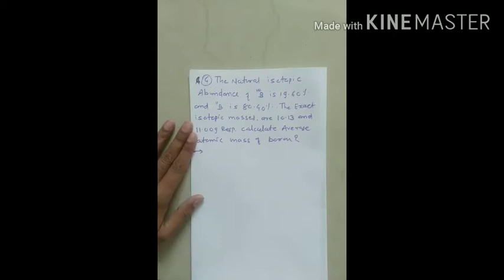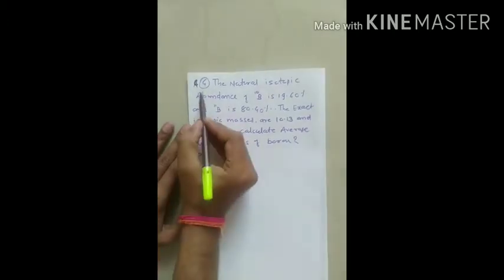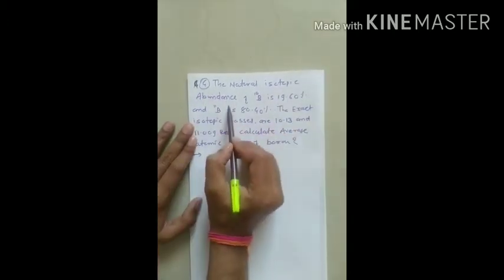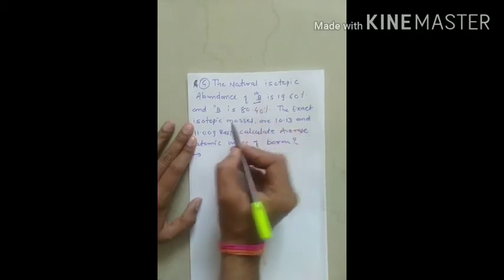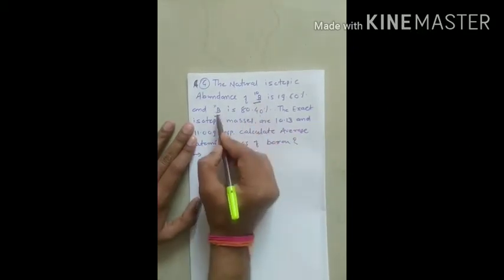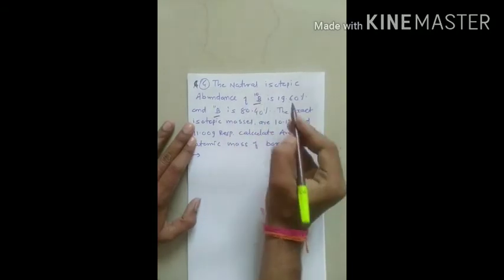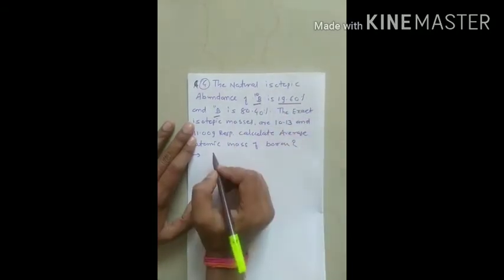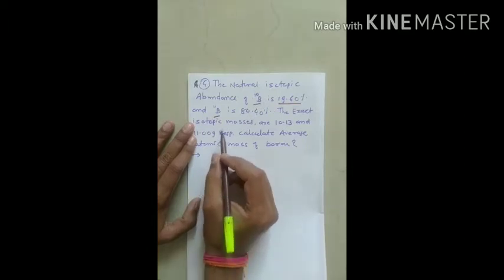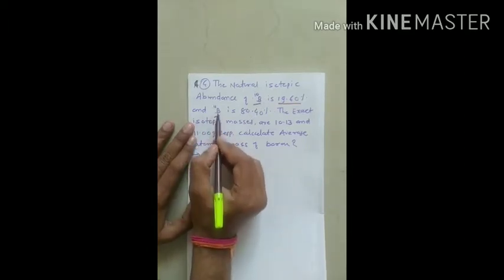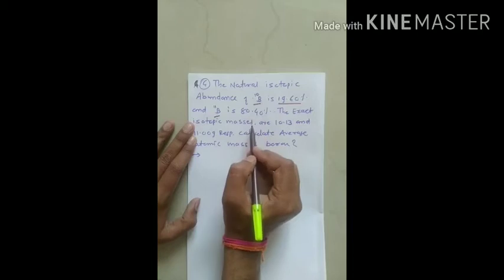Question number G is like this: the natural isotopic abundances of the isotopes of boron are given, that is B10 and B11. The natural isotopic abundance of boron 10 is 19.60%, and for the boron 11 isotope it is 80.40%.